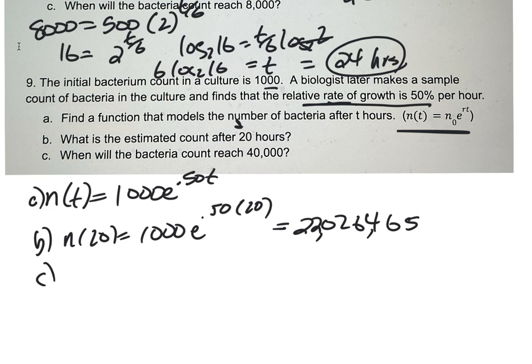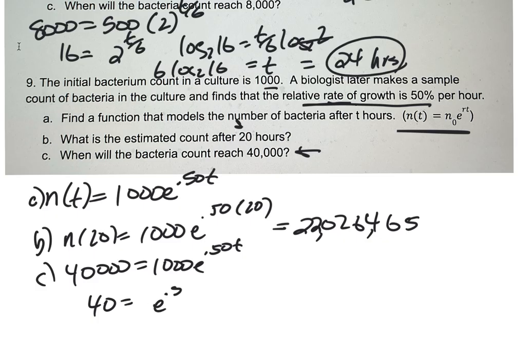And then part C, when will it reach 40,000? Okay, 40,000 is the end amount, so I'm putting 40,000 on the left-hand side equals 1,000 e to the 0.50 times t. All right, divide both sides by 1,000. That's going to be 40 equals e to the 0.50 t. Now, because I have e, I'm going to do natural log both sides to make my e go away.